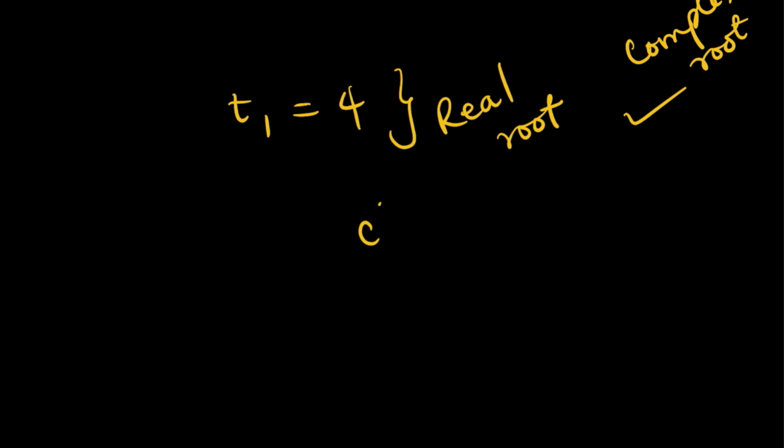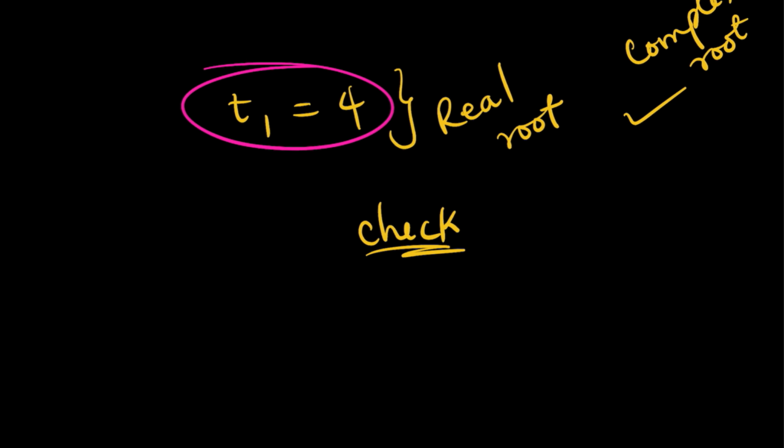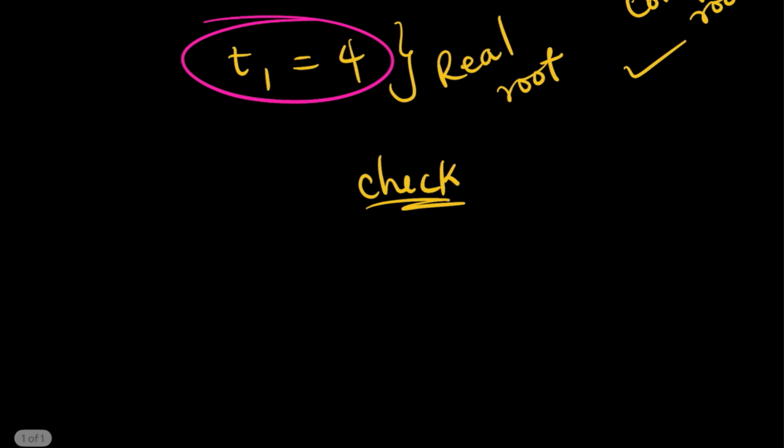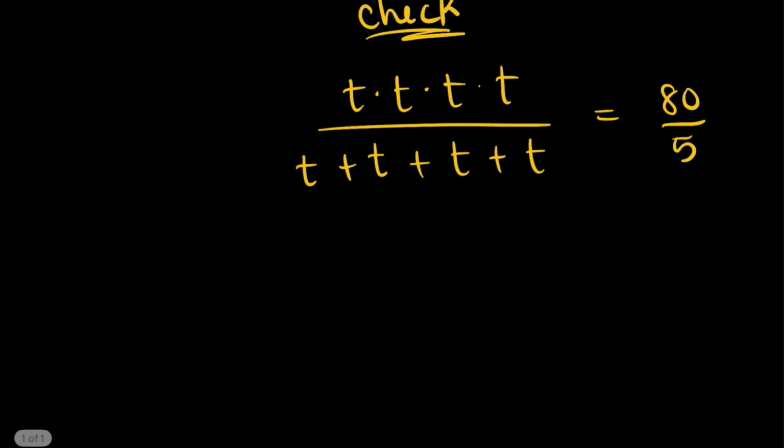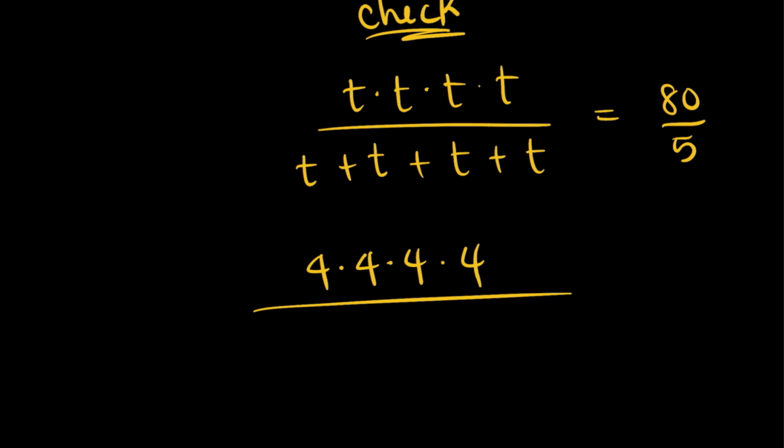We can do a quick check with this value of t to confirm that our solution is correct. We were given t times t times t times t divided by t plus t plus t plus t is equal to 80 divided by 5. And now we got t is equal to 4. So we have 4 times 4 times 4 times 4, divided by 4 plus 4 plus 4 plus 4.